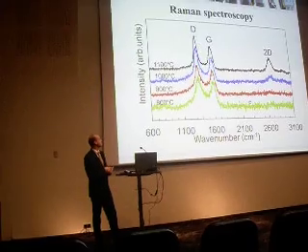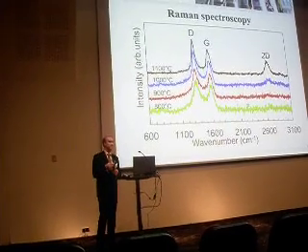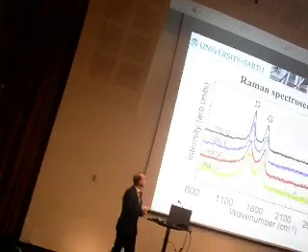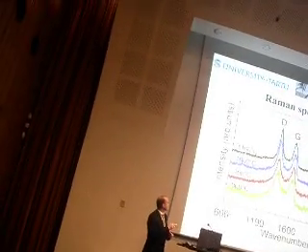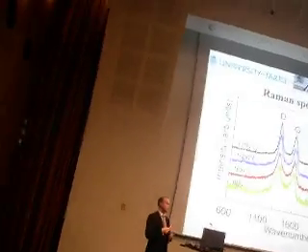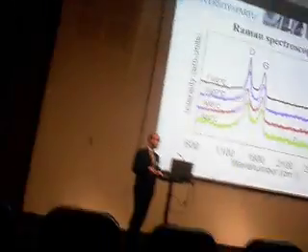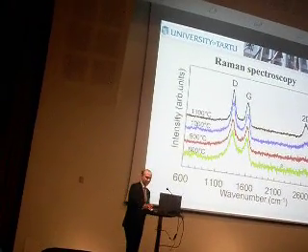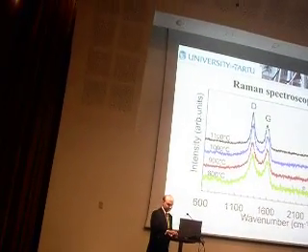And also the crystallite sizes that are calculated from the disordered and graphitic peaks from the Raman spectra also correspond to the crystallite sizes that were calculated from the X-ray diffractograms.